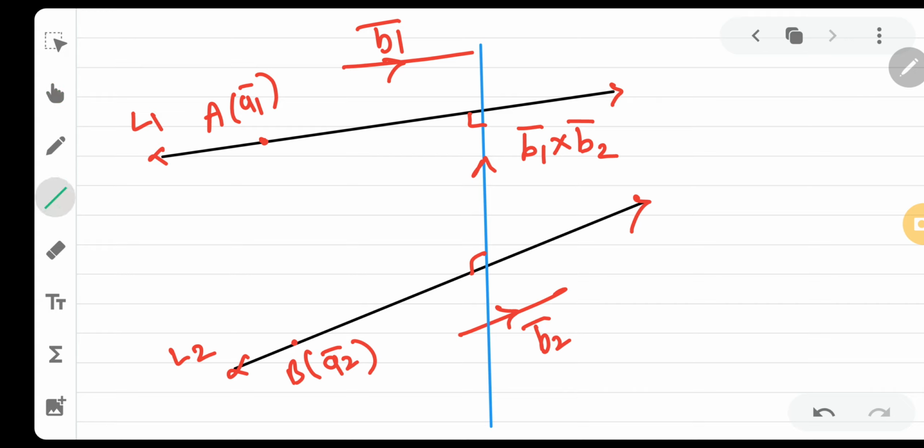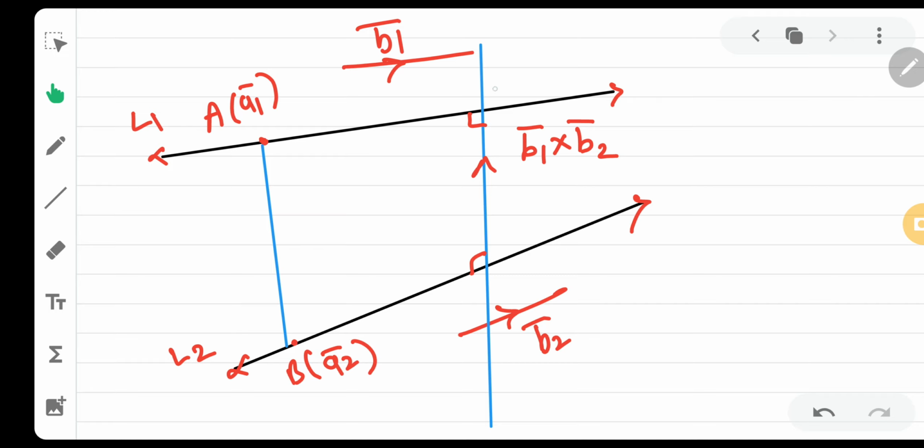Now if you join this A, B, and suppose you are putting a light source over here, what will actually happen? This light will fall on AB and its shadow will be produced on this B1 cross B2.